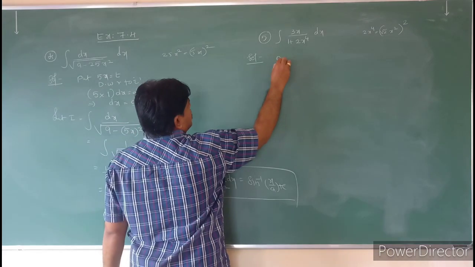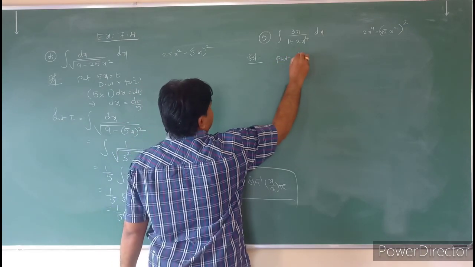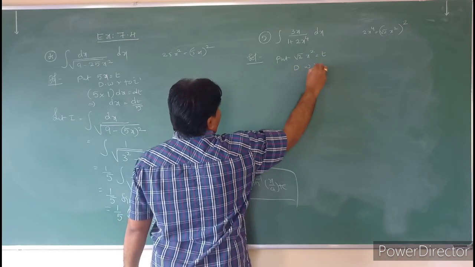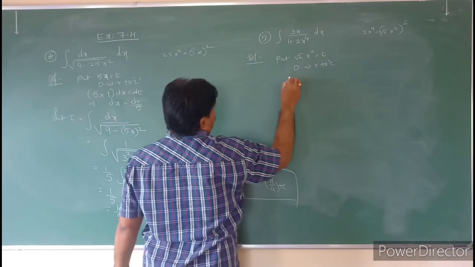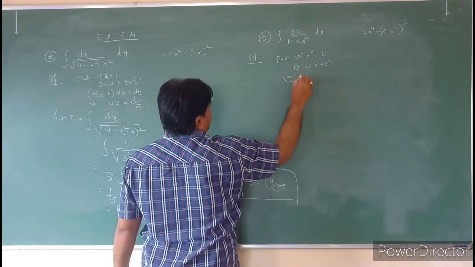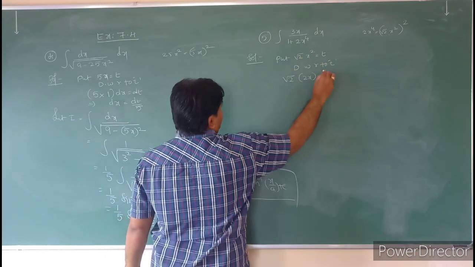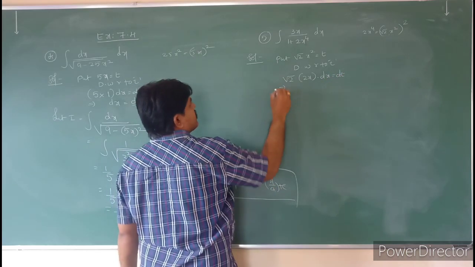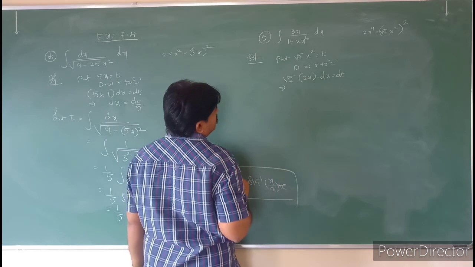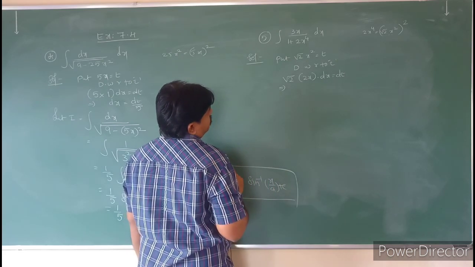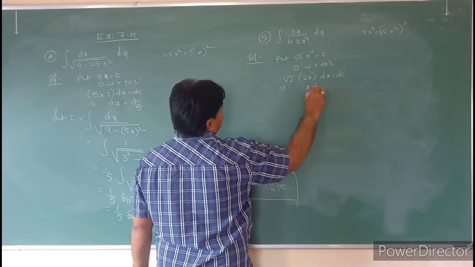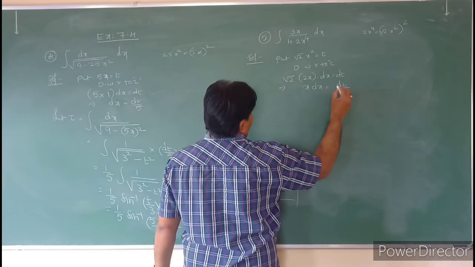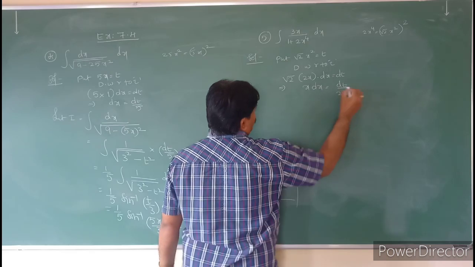Okay. So first what we will take, that root 2 x square is equal to t, differentiate with respect to x, root 2 into x square derivative is 2x into dx is equal to dt. So that implies x into dx is equal to dt by 2 root 2.